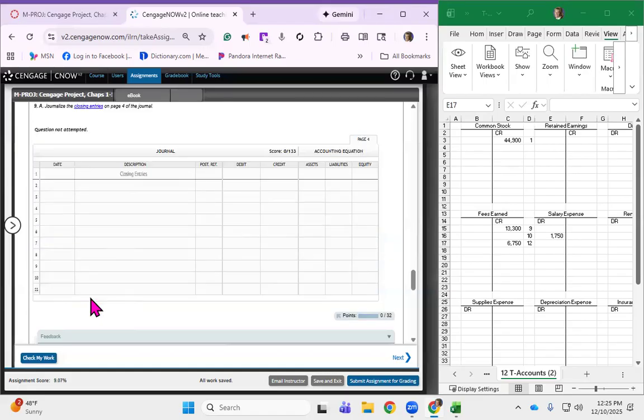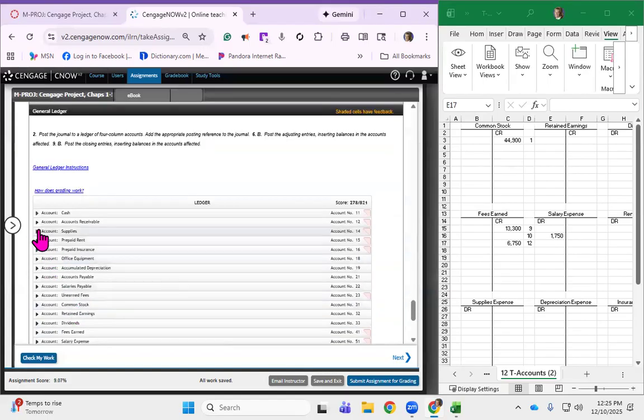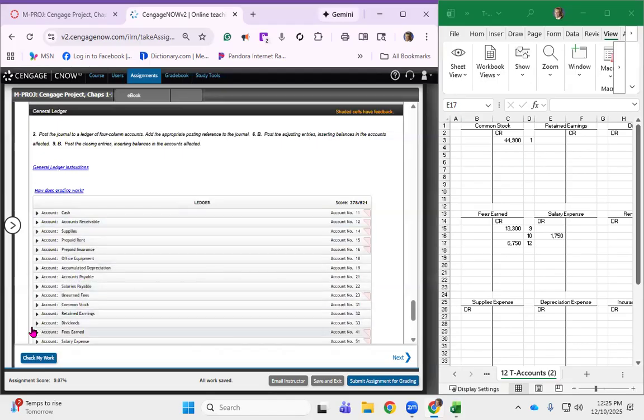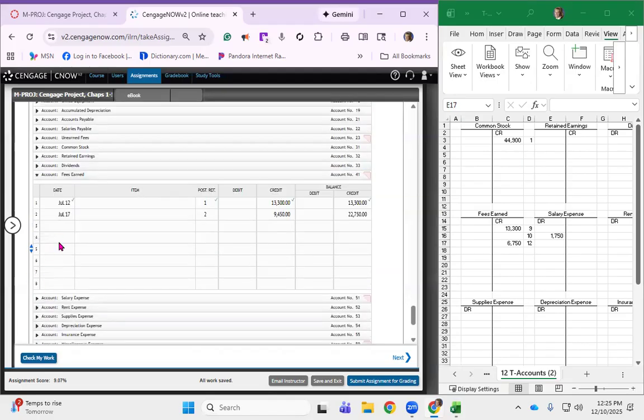Go to accounts receivable. All right. The date is July the 20th, page 2. We're making accounts receivable go up. So we have to add to the amount that's sitting there, $25,850. We're going to close it and go to fees earned. Fees earned is the revenue account.